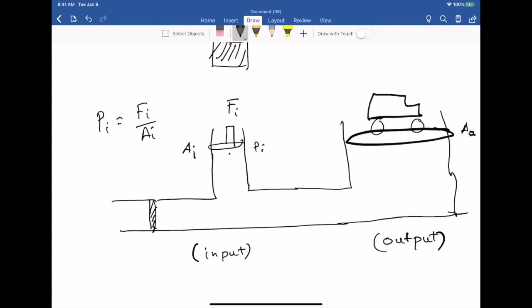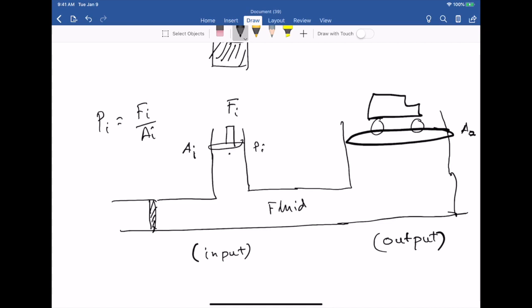Now the oil or the hydraulic fluid completely fills the space here. So the fluid completely fills up the space. There are no air bubbles, nothing. So this is an enclosed fluid. According to Pascal, when you apply pressure at one point in an enclosed fluid, the pressure is transmitted undiminished to every point in the fluid.